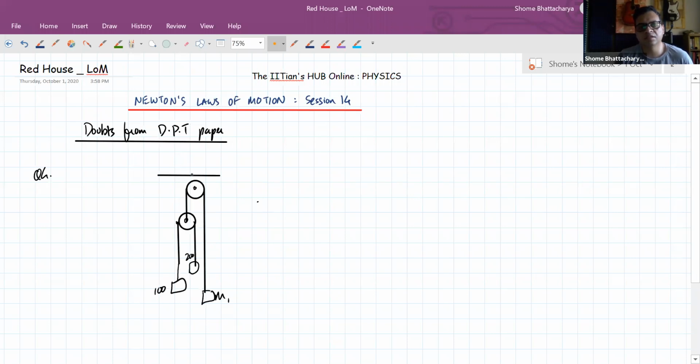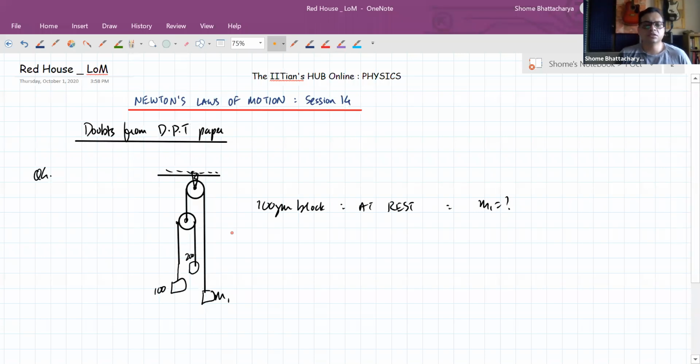So we have to find the condition on M1 so that the 100-gram block is at rest. So, the condition on M1.